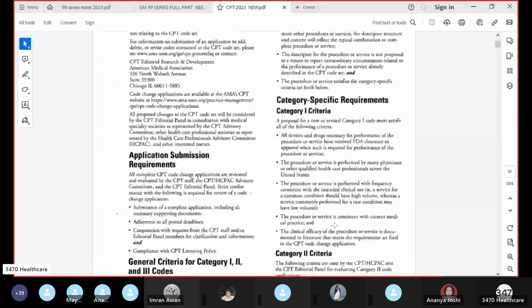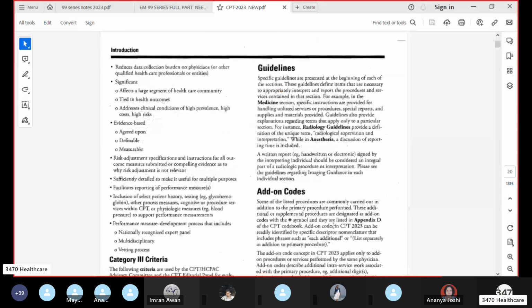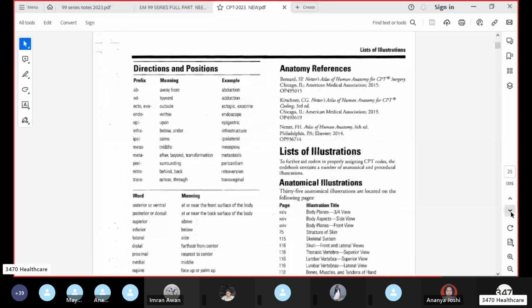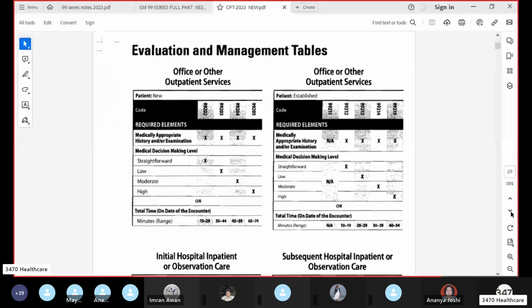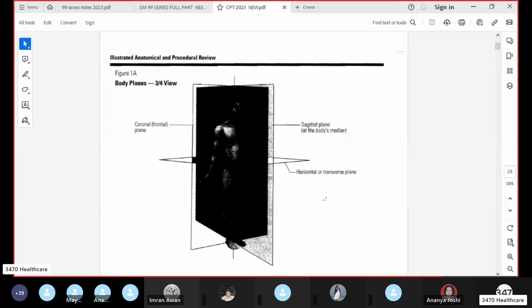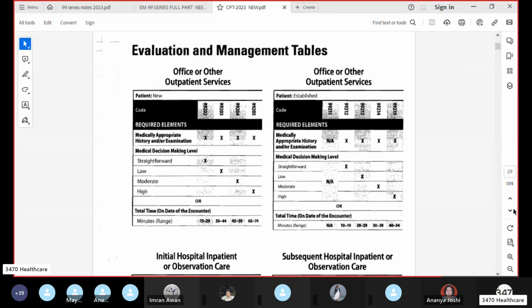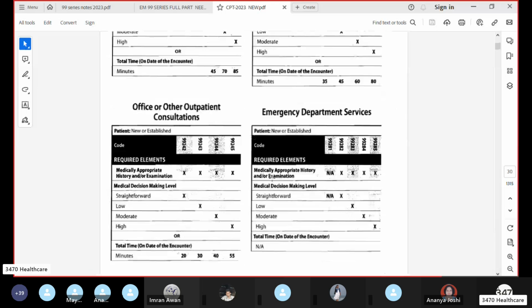After the prefix, suffix, and body planes, we have the visits name and code sets. So this one I will explain later.